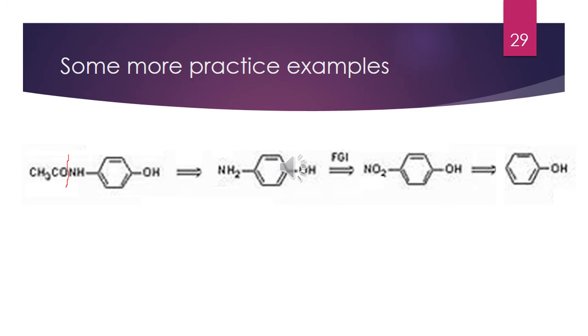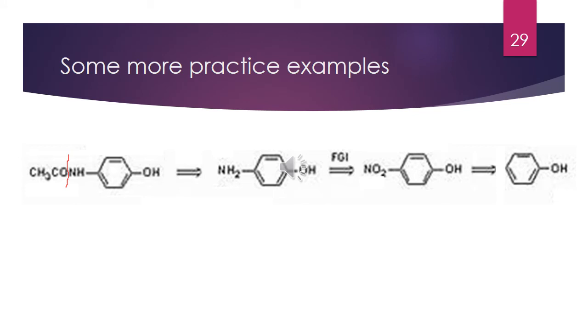So in this scheme, we carry out the functional group interconversion of the NH2 that yields a nitro group, and the nitro group can be easily brought onto the phenol by simple reaction of nitric acid in presence of some protic acid. So this is a simple retrosynthetic approach.